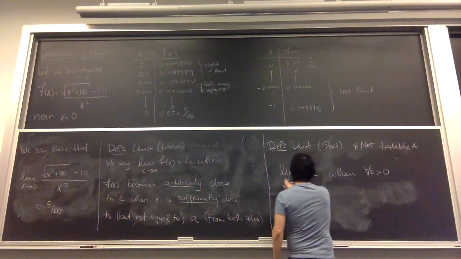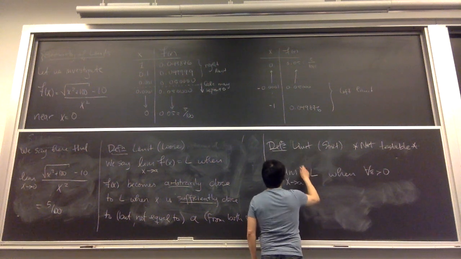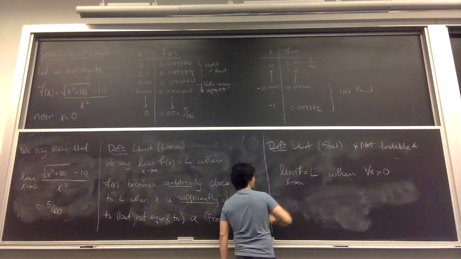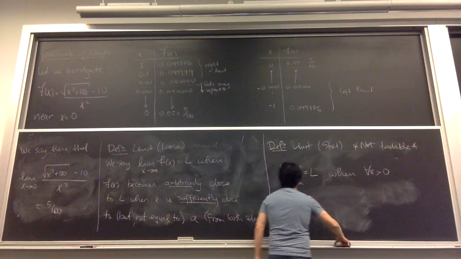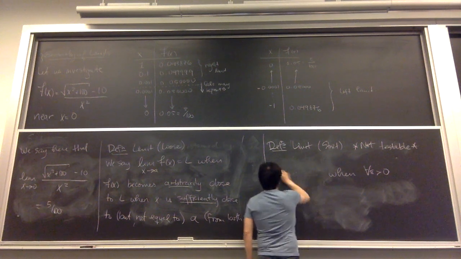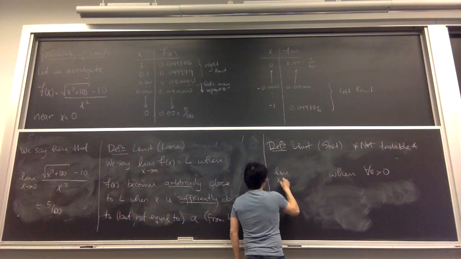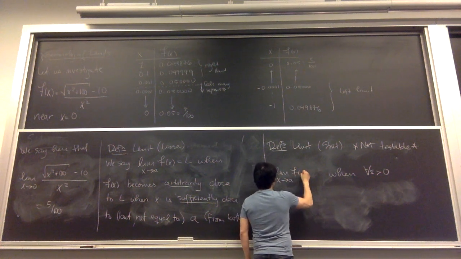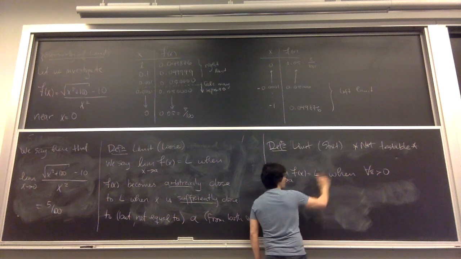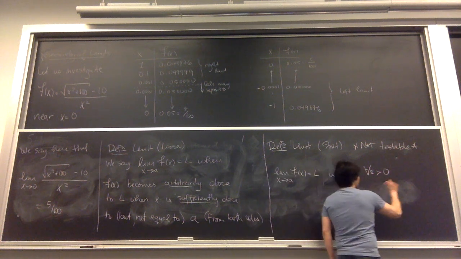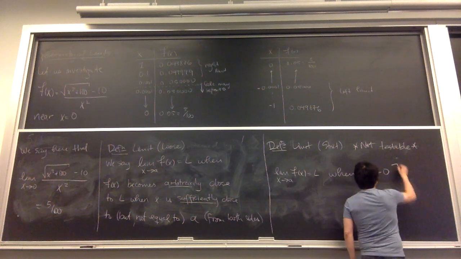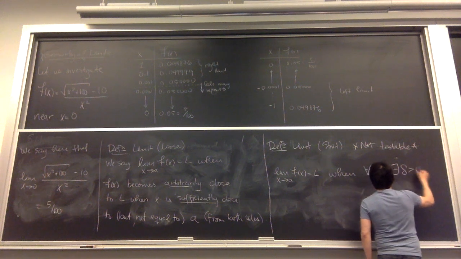Okay, so I should be much more explicit than this. The limit as x goes to A of f of x is equal to L when, for any arbitrarily small number epsilon, there is a delta greater than 0.